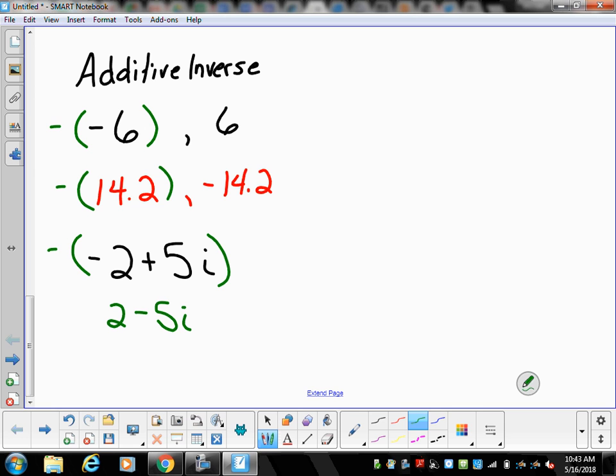So it's pretty simple too. 2 minus 5i. Okay. If we make this a little simpler and give you the number 4i, what do y'all think the additive inverse is going to be? -4i.